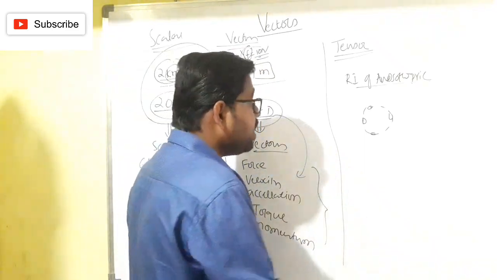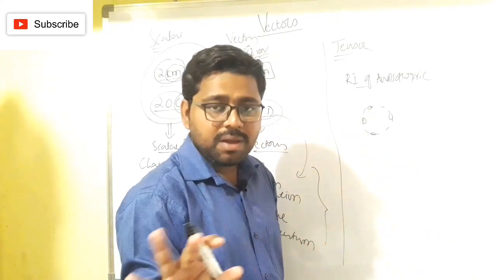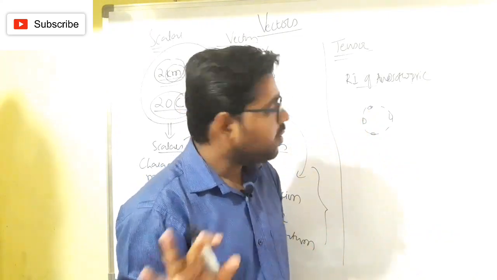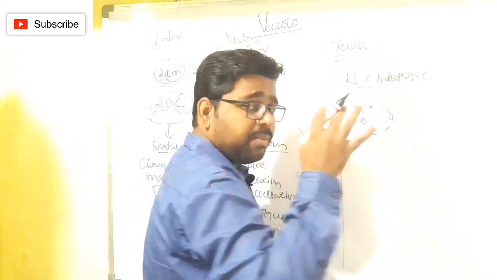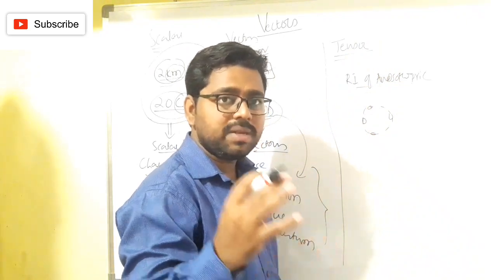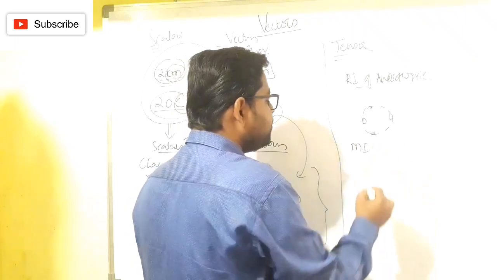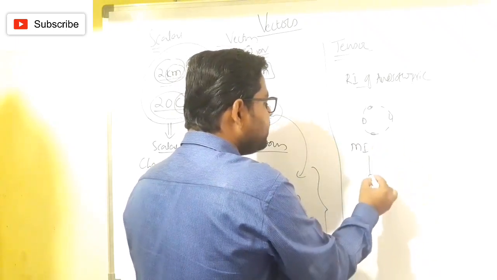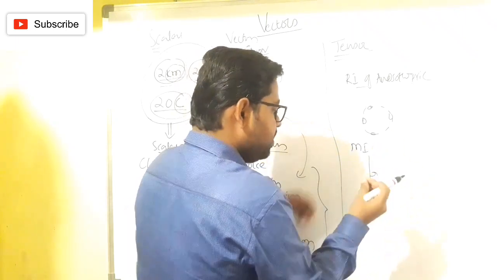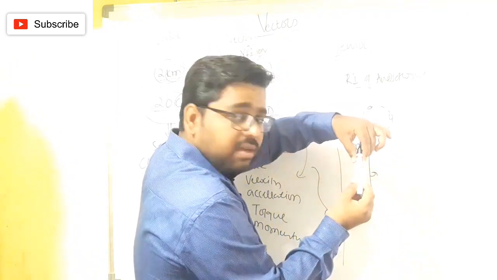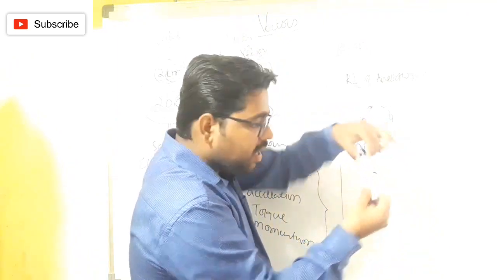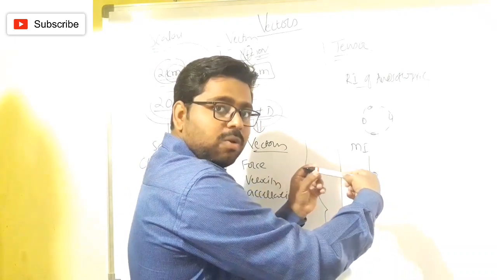But as a whole, the refractive index does not have a particular direction as such. Such kinds of physical quantities we consider as tensors. Another example is moment of inertia. Suppose you take a rod: if you rotate it in this direction, its value will be different, and if you rotate it like this, its value will be different.